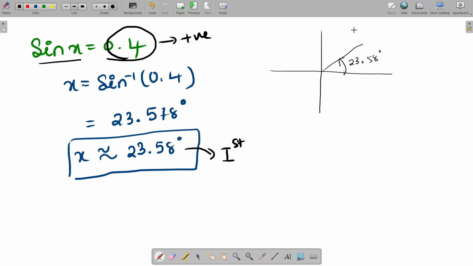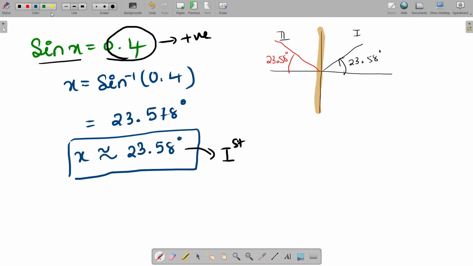Okay. Now this is in first quadrant. In second quadrant, sine is positive. I'm going to reflect it. So when I do reflection, understand that this particular line that I have acts like a mirror line. So when I reflect it, I get the same figure, this angle being 23.58 degrees. Okay, that's not the final answer.